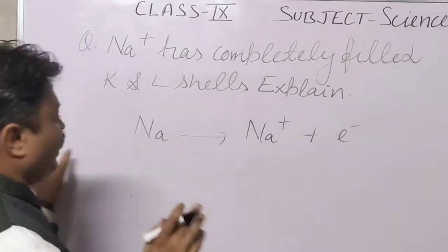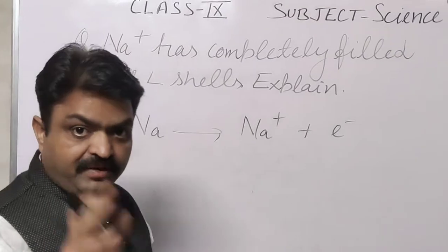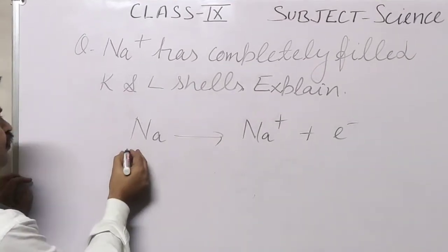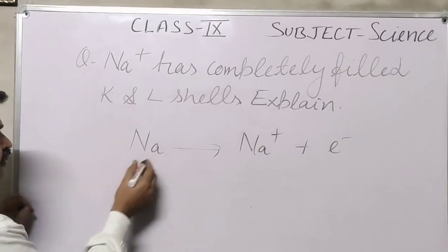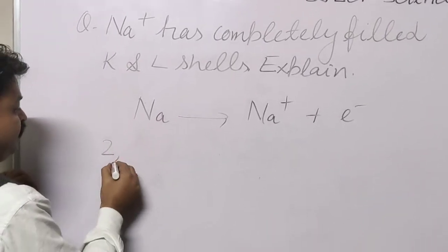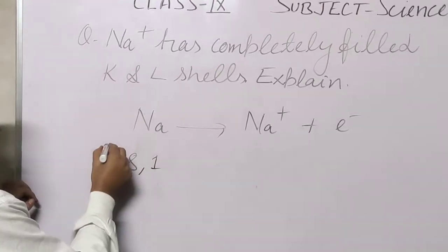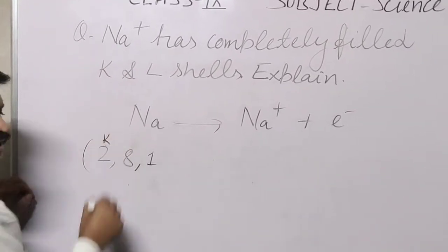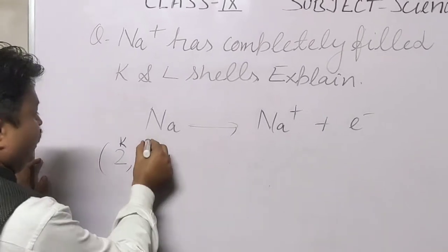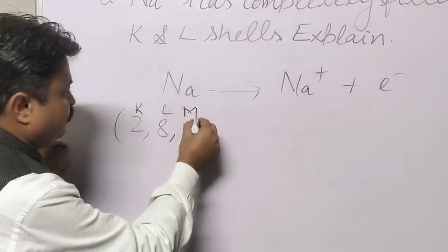If we find the electronic configuration of sodium, what is it? What is the atomic number of sodium, student? It is 11. So its electronic configuration is 2, 8, 1. In the K shell there are 2 electrons, in the L shell 8 electrons, and in the M shell 1.